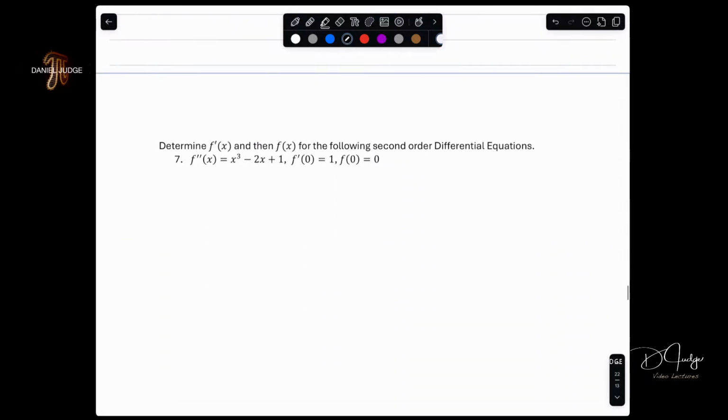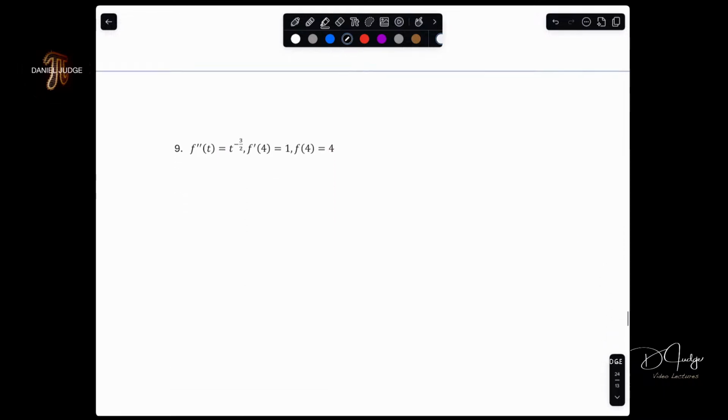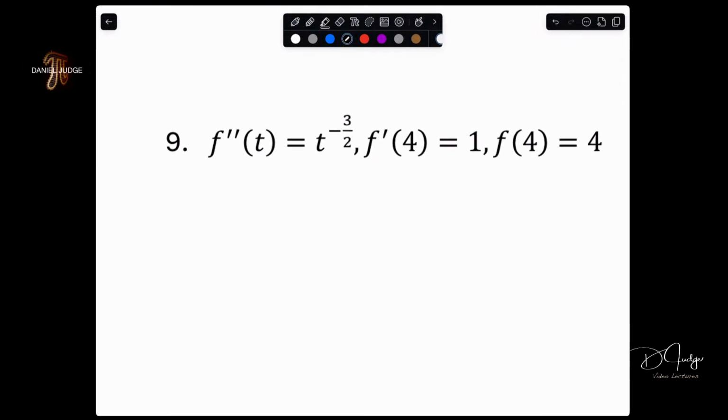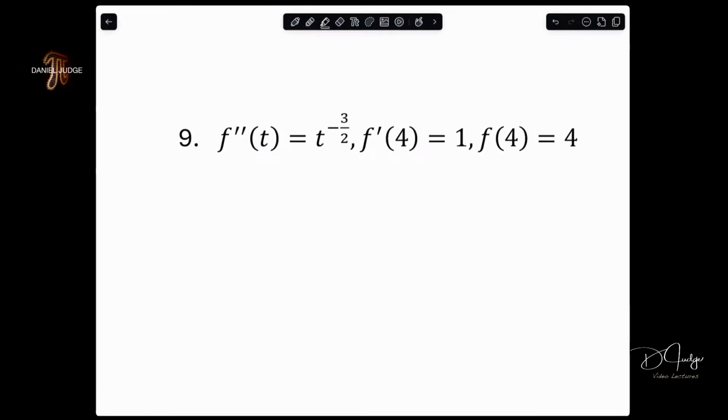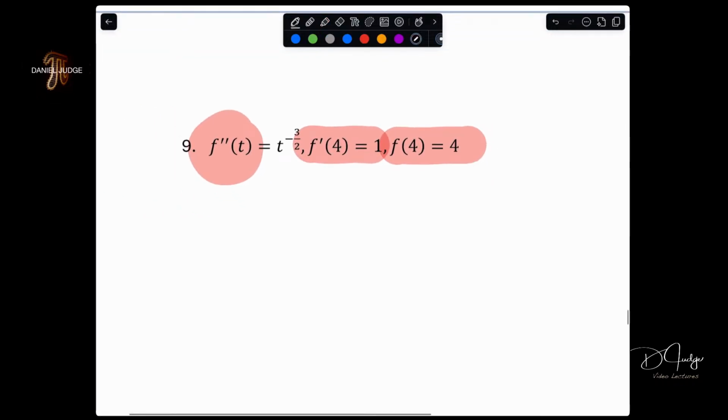Alrighty. Now, I believe we did 7 and 8 in class. These are second derivatives. So we're going to start with 9 here, ladies and gentlemen. And this is a second derivative now. Okay, and we have 2 conditions. So, second order differential equation.